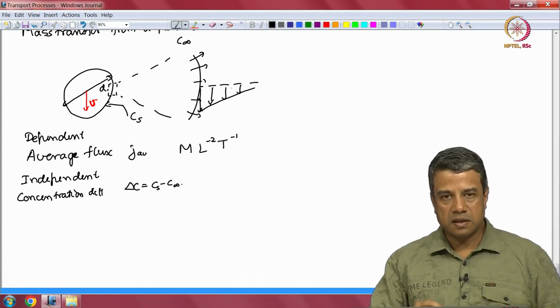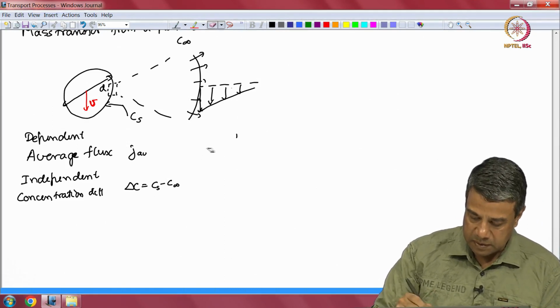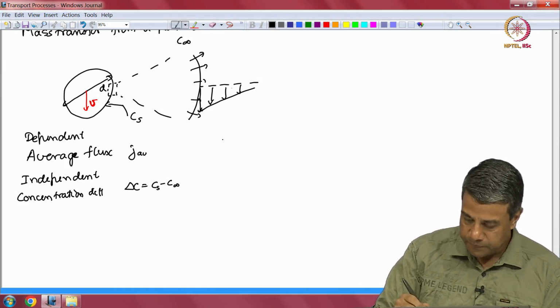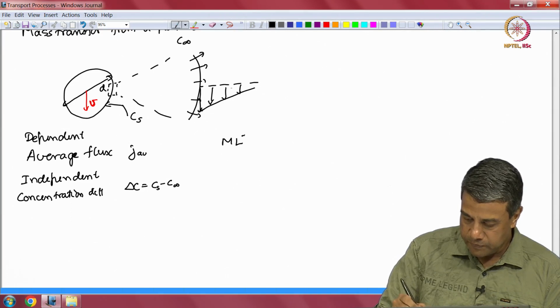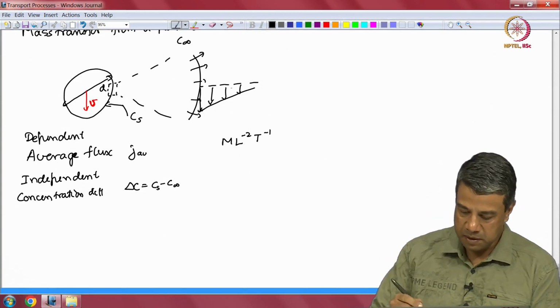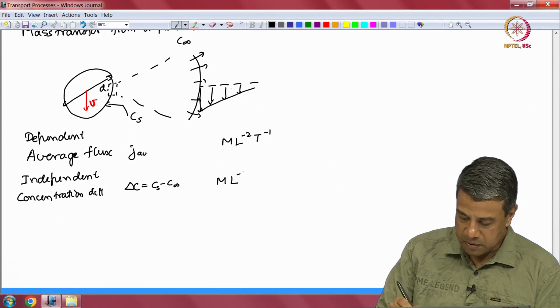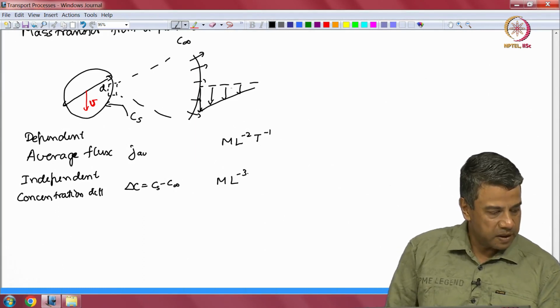Concentration is mass per unit volume. Let me just write this. Flux is mass per unit area per unit time. Concentration is mass per unit volume, it has dimensions of m L power minus 3.